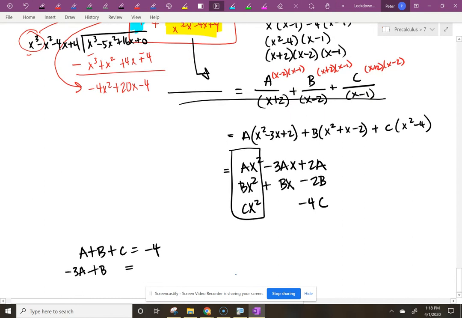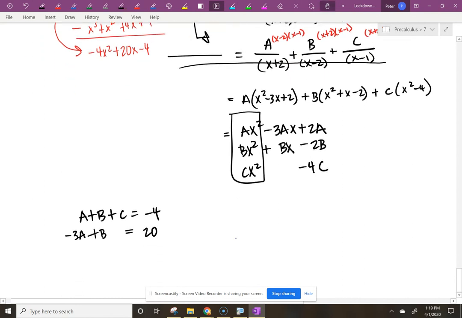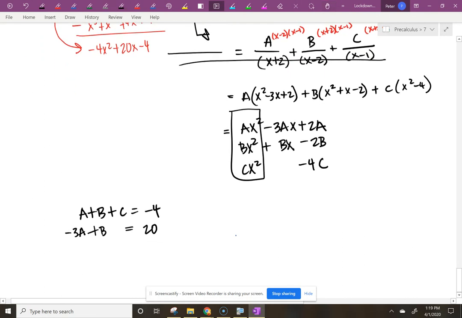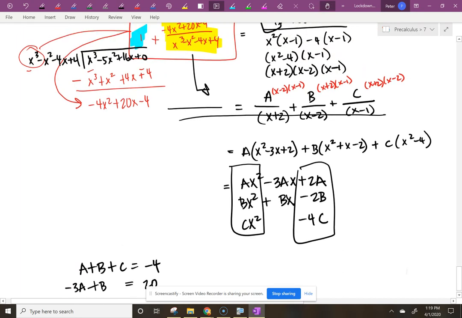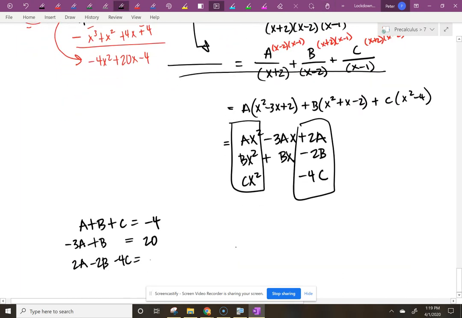In this case, it was 20. And last but not least, I have the constant part here: 2A minus 2B minus 4C equals, what does it equal? Negative 4.